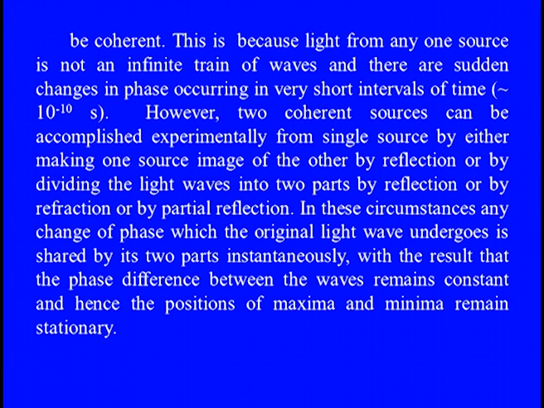In these circumstances, any change of phase which the original light wave undergoes is shared by its two parts instantaneously, with the result that the phase difference between the waves remains constant, and hence the positions of maxima and minima remain stationary.